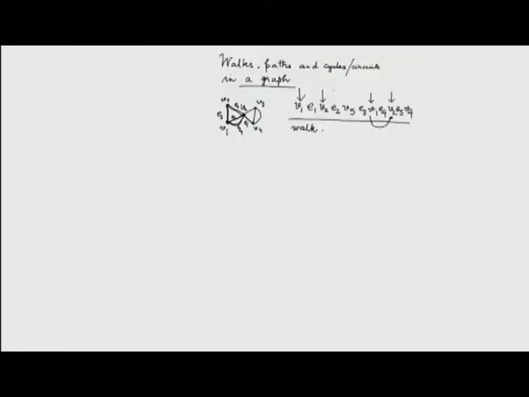Because if we repeat edges, suppose here when we are coming again to V1 and we are going to V2 by E4, suppose that instead of E4 we had taken E1, then we could have started the whole process from here itself.